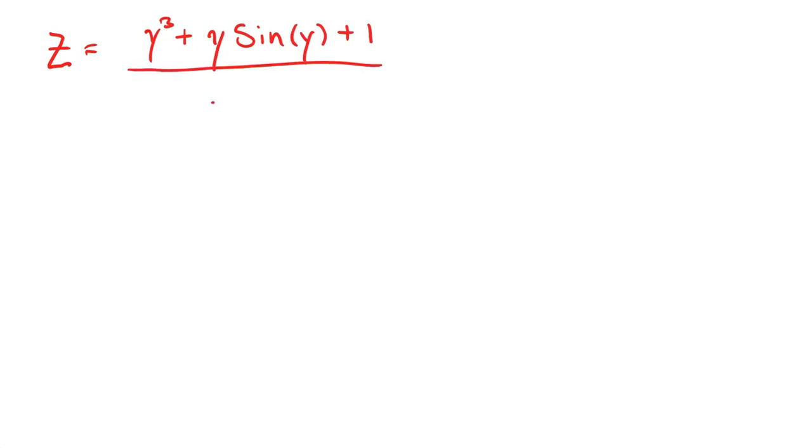So let's say that we were given some function z, and this is a function z of x and y, so x and y are the independent variables. Let's say that z is equal to y cubed plus y sine of y plus 1 over e to the y, and then plus 1. And then we will add to this x squared and y.